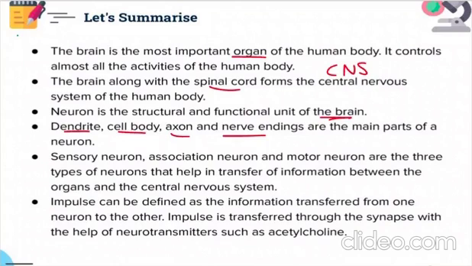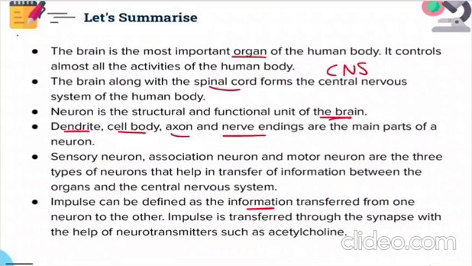Sensory neurons are present in the sensory organs, and there are association and motor neurons, the other types. They transfer the impulses, which are the electrical information from one neuron to another neuron or cell.